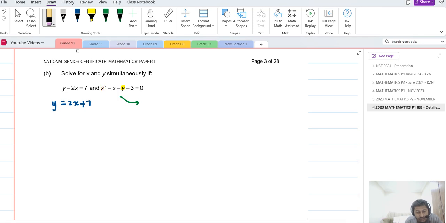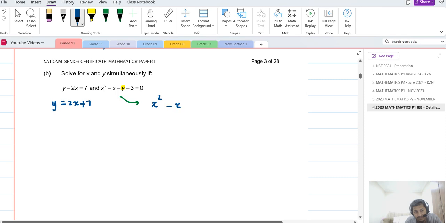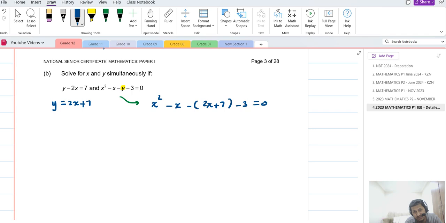Only one y here. So what we can say is x squared minus x minus y becomes negative into 2x plus 7, minus 3 is equal to 0. So we have x squared minus x minus 2x minus 7, distributing the negative in the brackets, minus 3 equals 0.